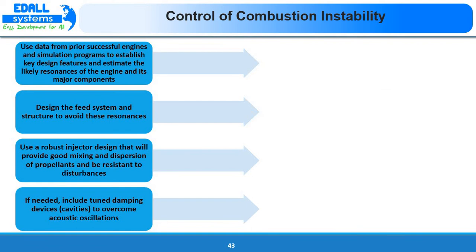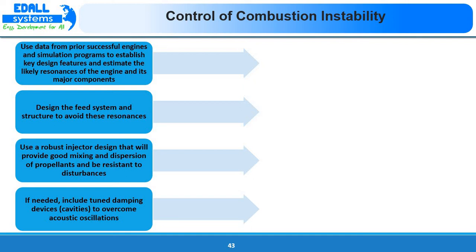So use data from prior successful engines and simulation programs to establish key design features and estimate the likely resonances of the engine and its major components. So using the prior experience data which is available, and with the help of simulations, all these instabilities have to be estimated by understanding where the resonance of the engines and its major components is happening.